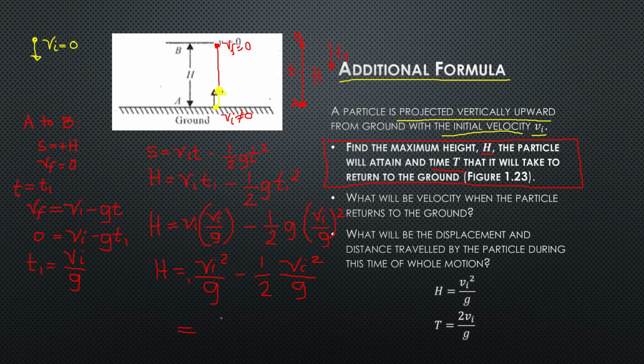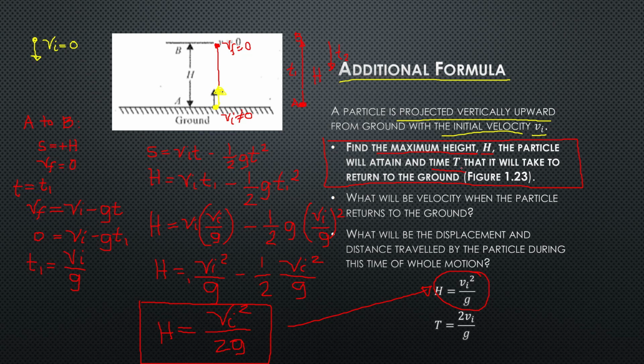So that leads to the initial velocity squared all over 2g. So you can solve for the maximum height. If the given problem is finding the maximum height, you can directly use this formula without doing everything I have done. This is simply a shortcut.